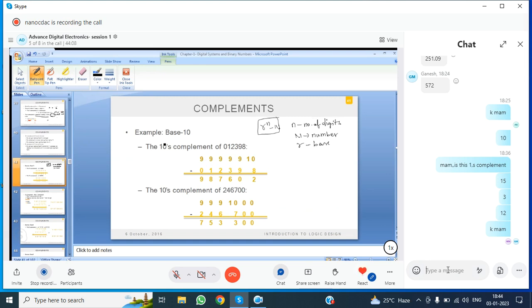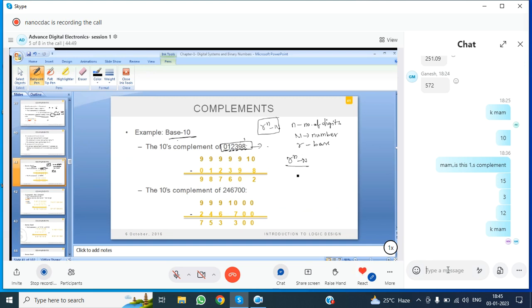If you take the example of a base 10 number, the tens complement of 012398, a decimal number. How do you take the tens complement? For r power n, how many positions are there, how many digits? 1 2 3 4 5 6. So that's why 6, r power n minus n you have to take.